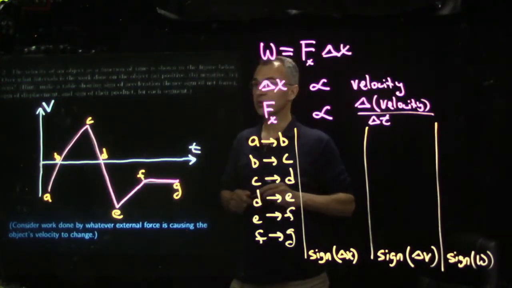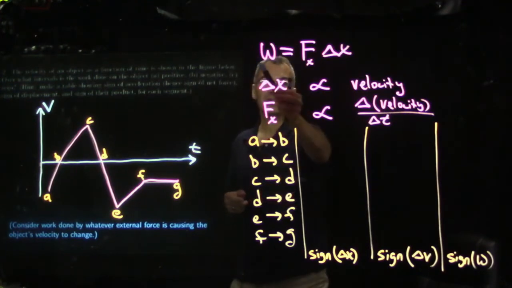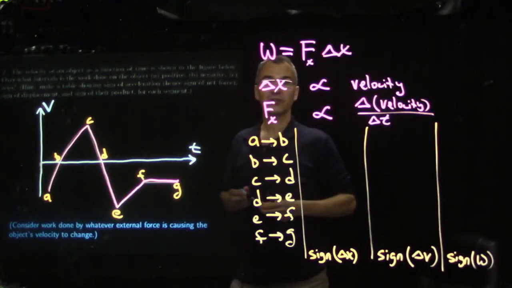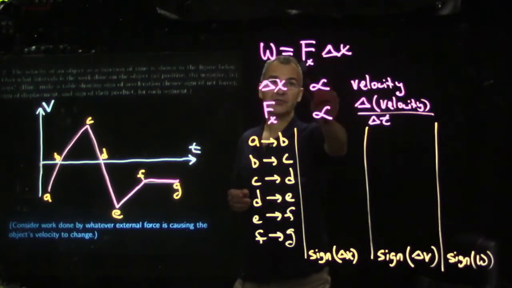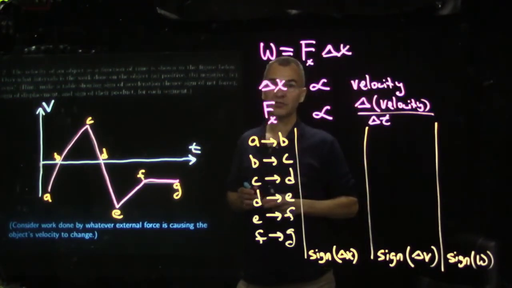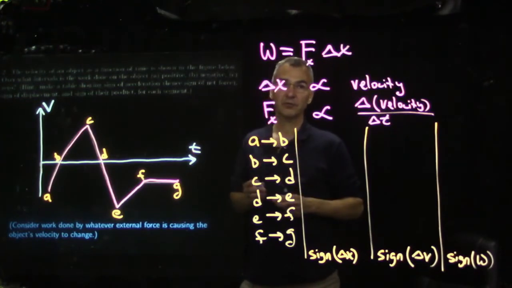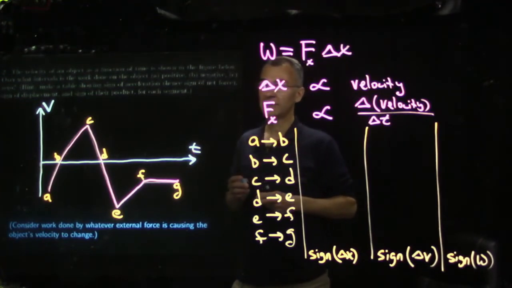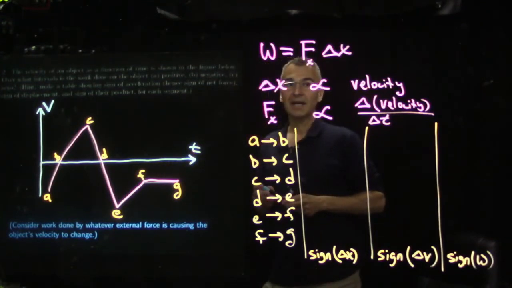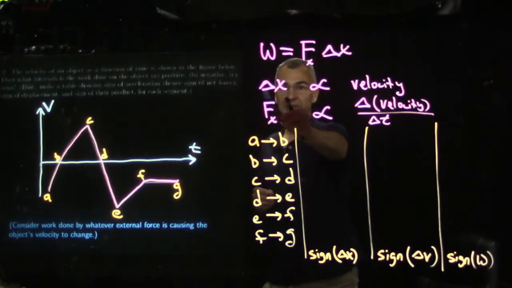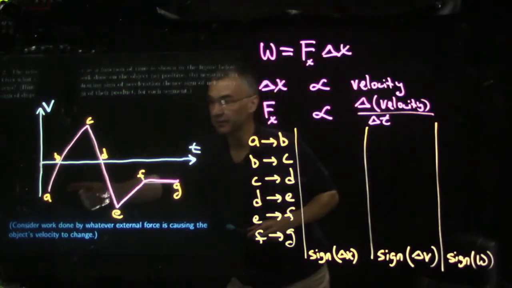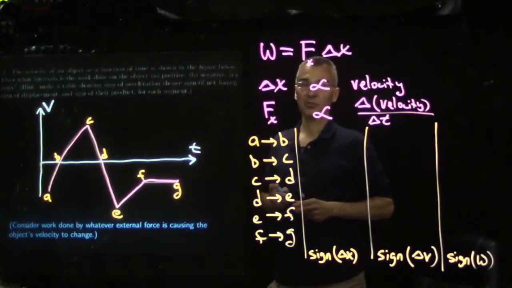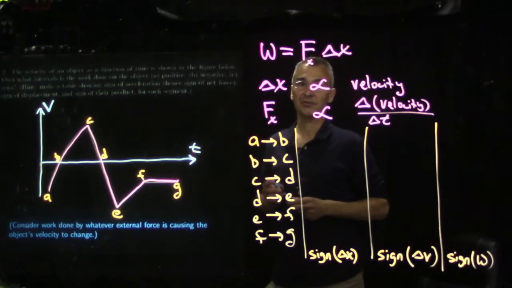And you know that the work done by this external agent is the average force exerted in the x direction by that external agent times the displacement of the point of application of the force. So we can take that to be the displacement of the position of the object, which is proportional to the velocity of the object.